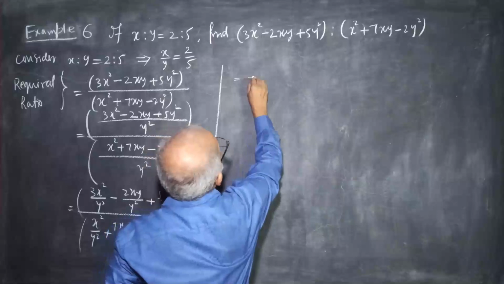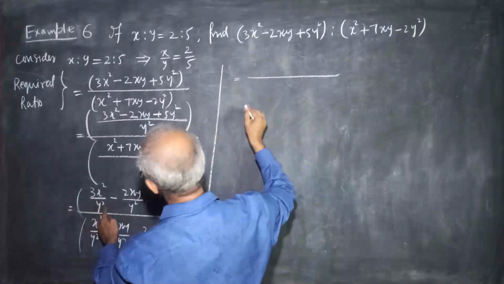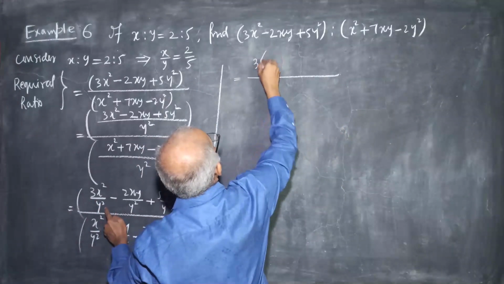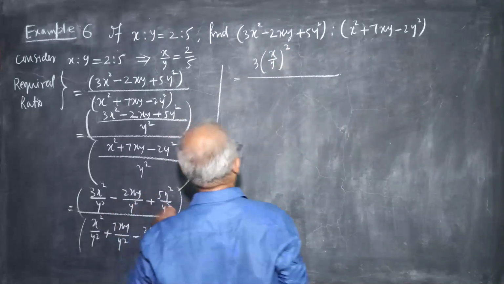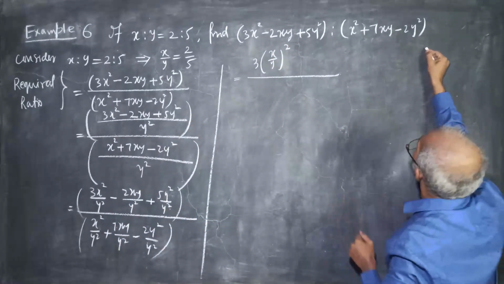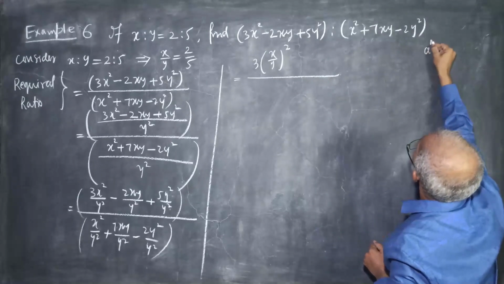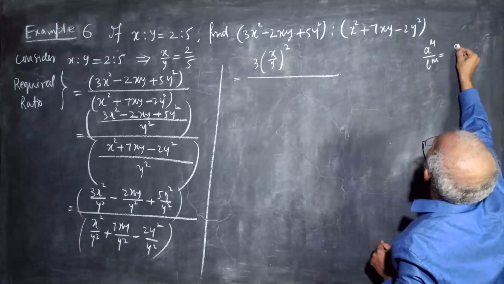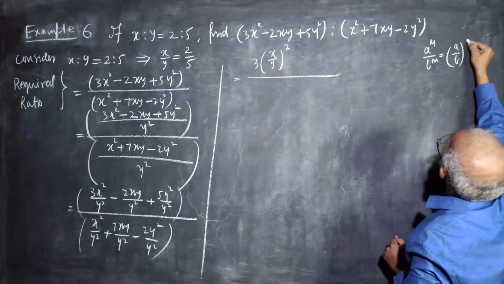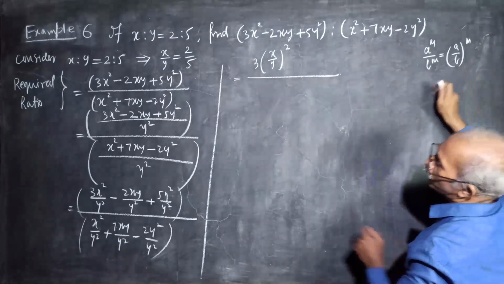This is equal to, here we shall write 3 into x by y whole square. Why? Because we know this formula from index class: a to the power of m by b to the power of m can be written as a by b whole to the power of m. We shall apply that here.